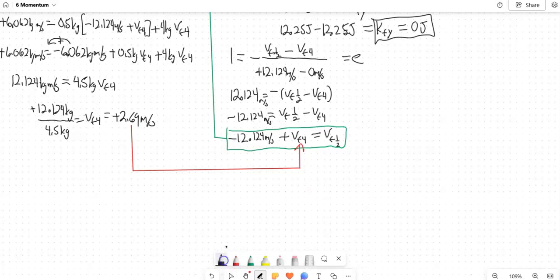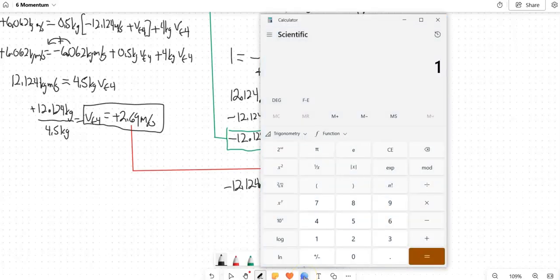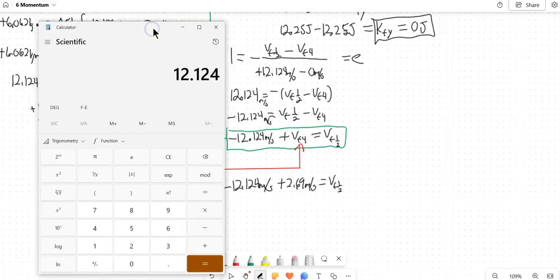And when we do that, we're going to get the negative 12.124 meters per second plus 2.69 meters per second V final a half, and we're going to have to do that subtraction. 12.124, which is going to be negative, plus 2.69, negative 9.434.